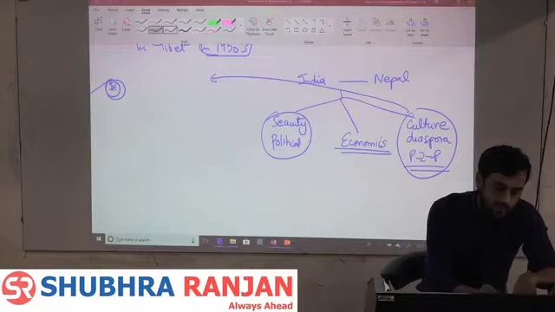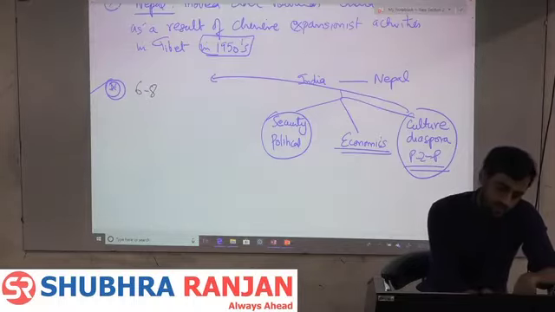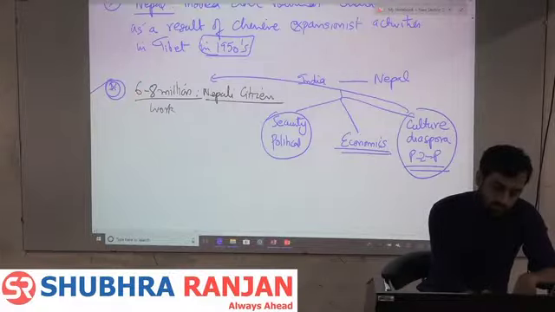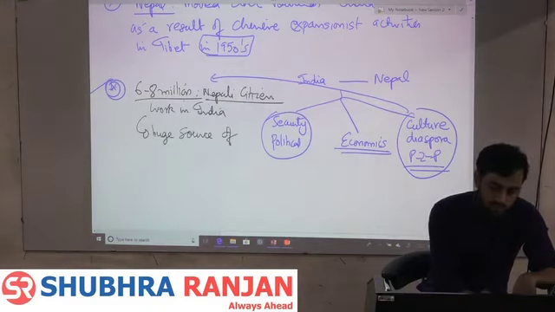How is that? In the sense that today 6 to 8 million Nepali citizens do what? Work in India. And this means, sir, what? A huge source of remittances to Nepal.